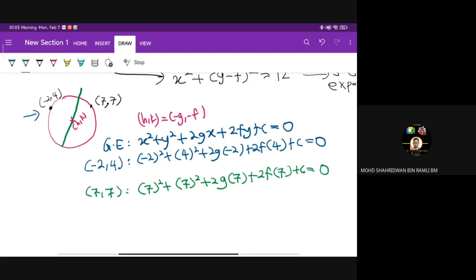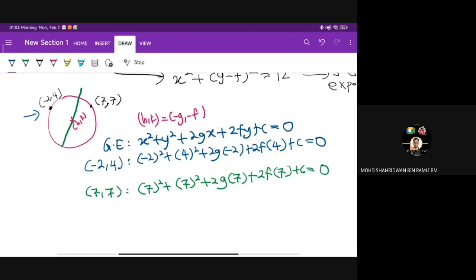Because we are using a calculator, it's much easier here. We can simplify this and express the first equation in a form that can be keyed into the calculator.